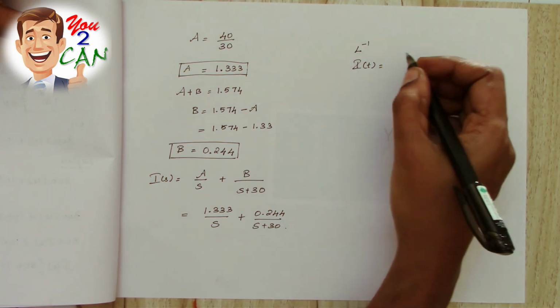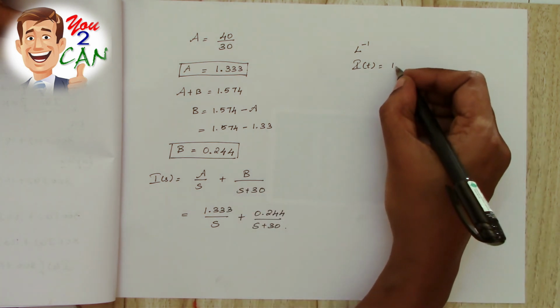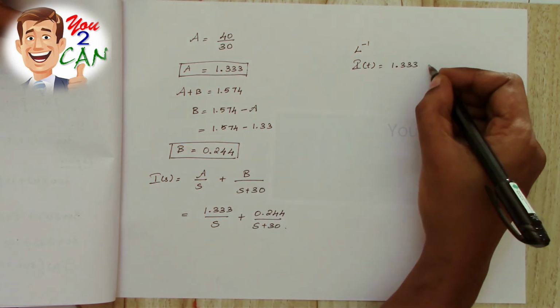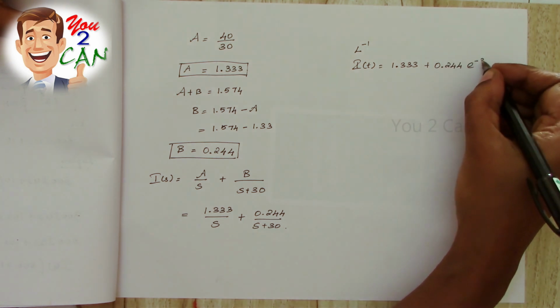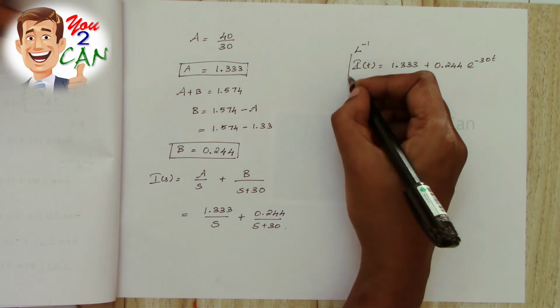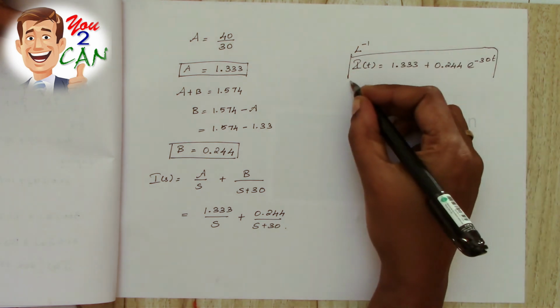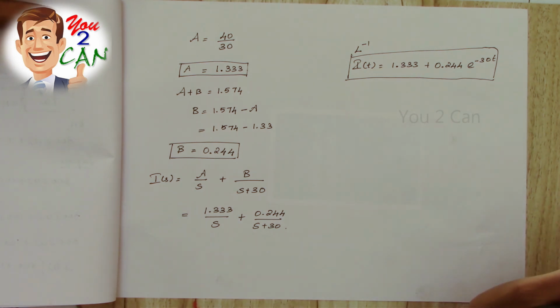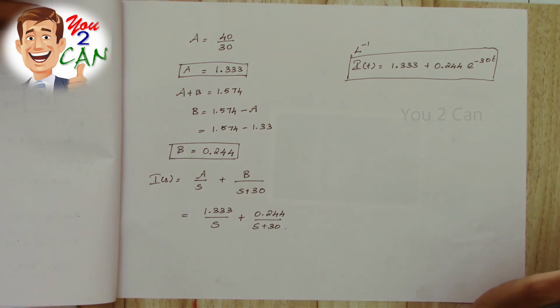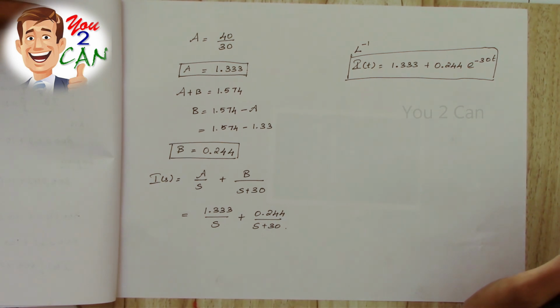Laplace inverse is 1.333 plus 0.244 e power minus 30t. Hope you all are familiar with RL transients. That's all regarding RL DC transients. In the next video lecture, we will see about RC transients. Do more problems for homework and study. Okay, thank you.